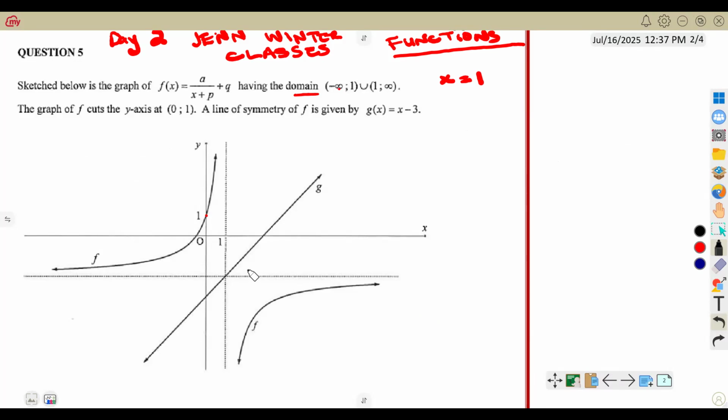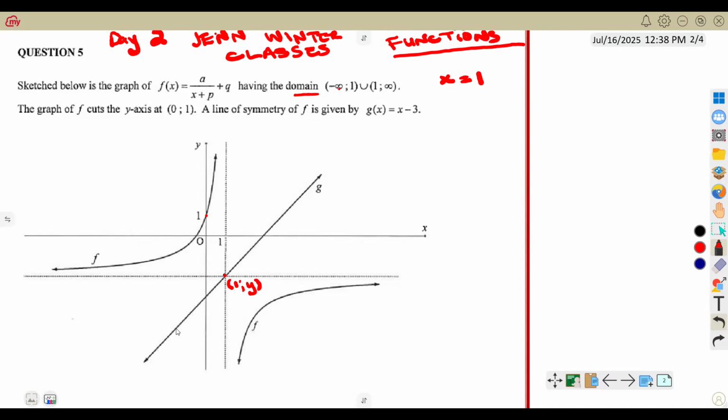If you check, this point is the point of intersection of the horizontal asymptote and the vertical asymptote. It has coordinates (1, y), where we do not know the value of y.